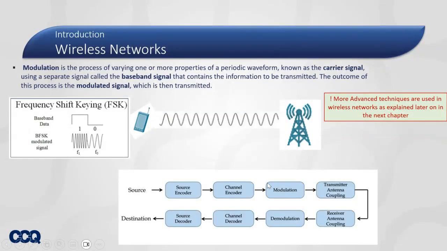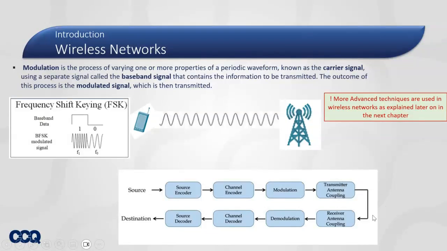Here, you can see there is also a block diagram which gives extra information. The source information is sent through the source encoder and a channel encoder. Then here comes the role of modulation, which sends the modulated signal to the transmitter antenna coupling.